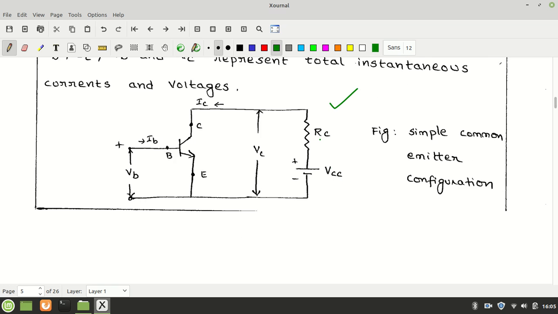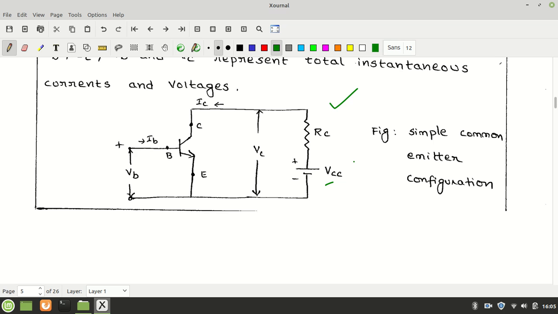RC is the collector resistance, across which the output voltage is taken, and VCC is the DC supply. All the DC batteries connected here should be zero when you are talking about the hybrid model, because the hybrid model is actually the AC model.